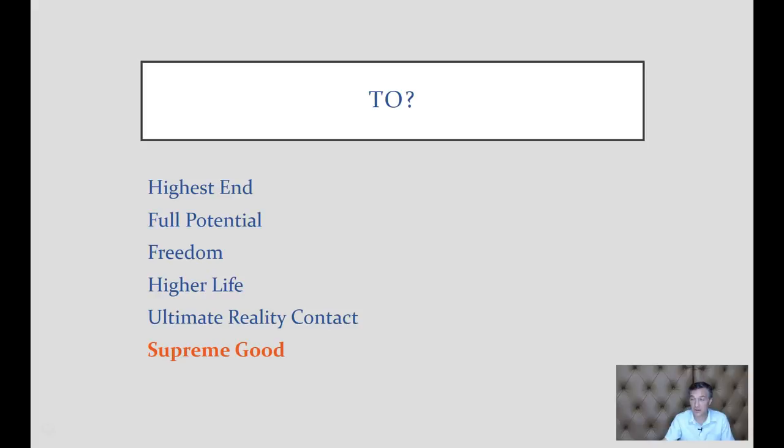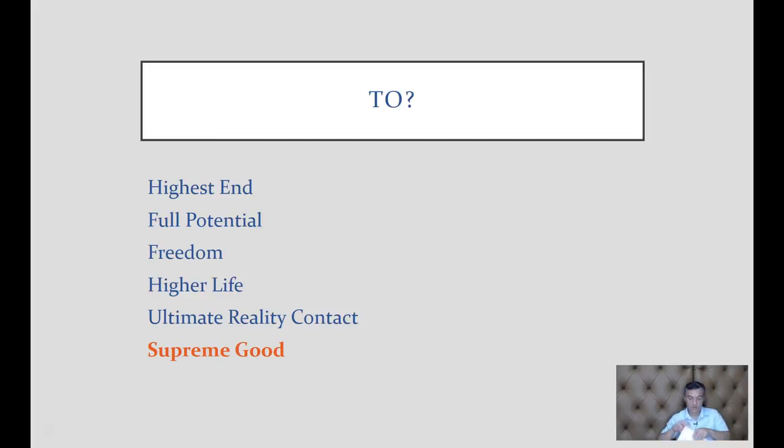And every now and then, through the quest, you get a glimpse of just how amazing and high that higher life, that highest end, your full potential can be. And that taste is what keeps you going. It keeps you focused on the goal. So that is, in a nutshell, what the quest is to.